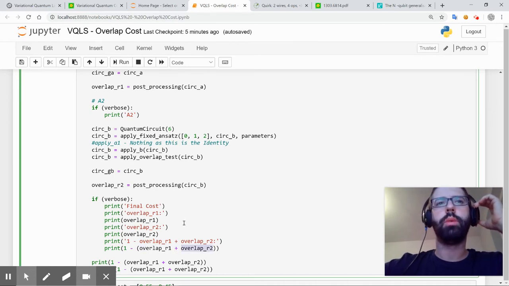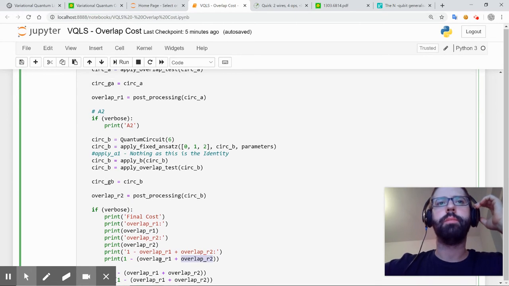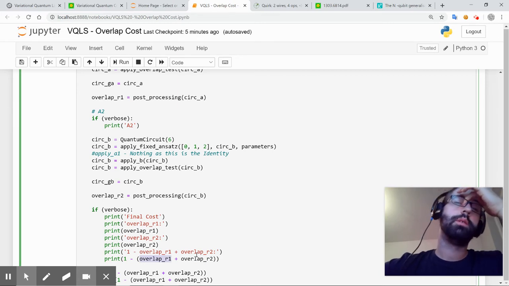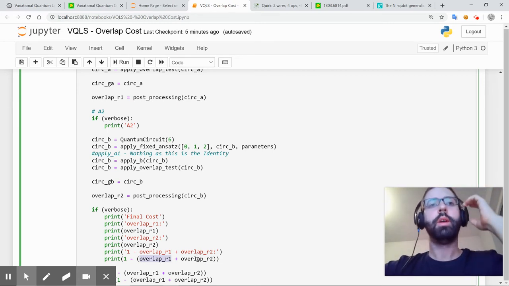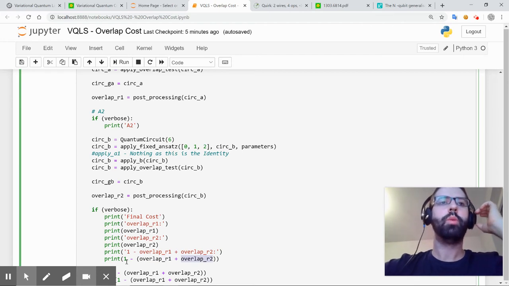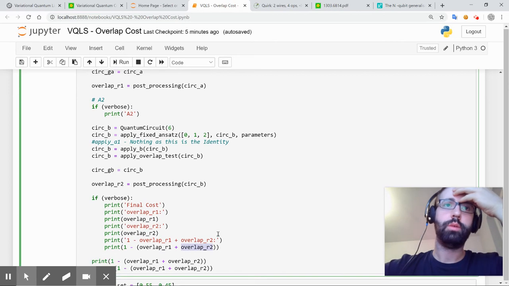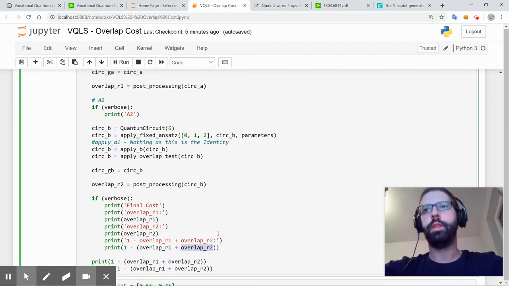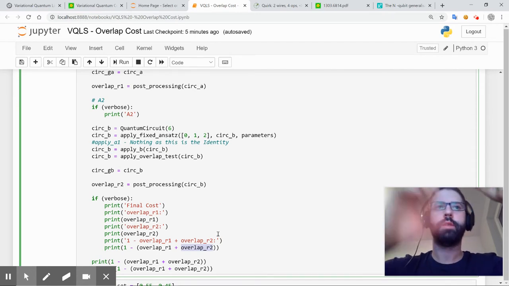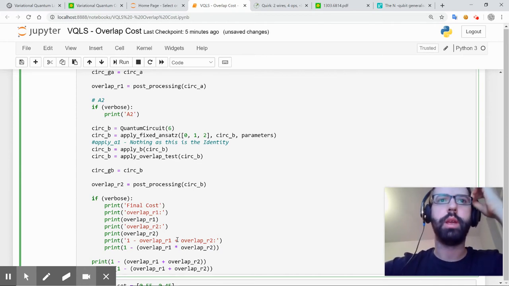I should multiply the overlaps. Because if my overlap is 1, which means they are perfect, then my overlap here is 1. Then I'm going to get 2, and then 1 minus 2 is minus 1. And what I want is if they are both overlaps, so maybe that's the problem. I should multiply this.